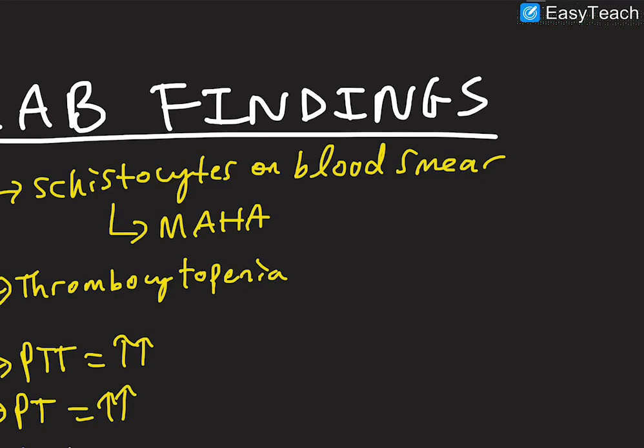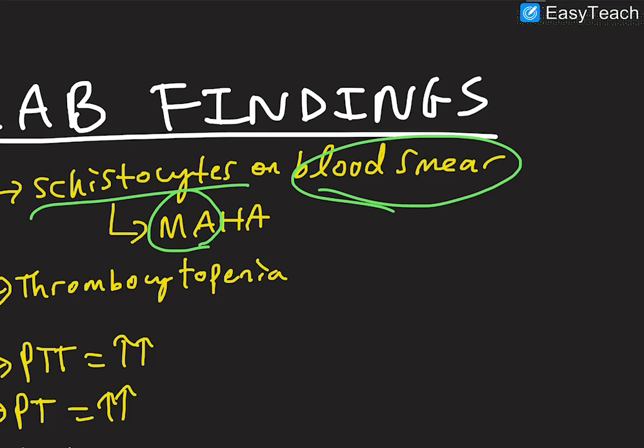What's the product of that? Fibrin formation. What can fibrin do if red blood cells come across it, right? Especially in these microthrombi and small blood vessels, when red blood cells come across fibrin, they get sheared into schistocytes or helmet cells that you'll see on blood smear. Okay, and what is that called?